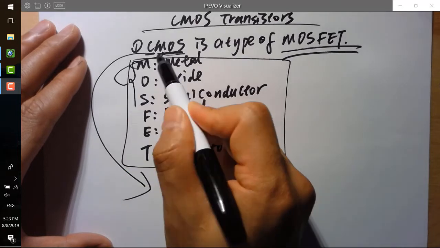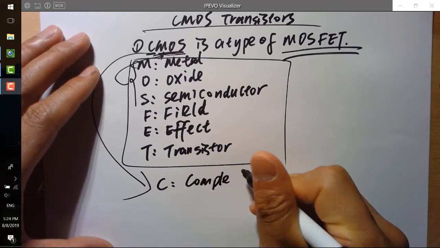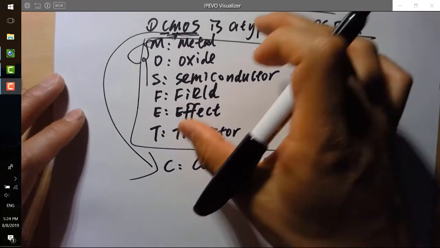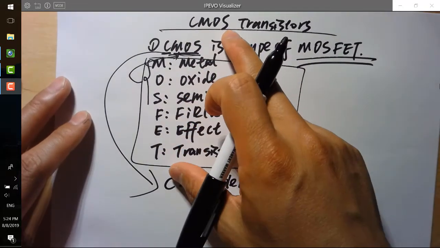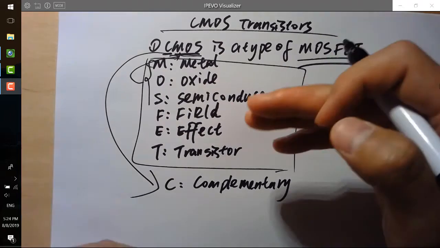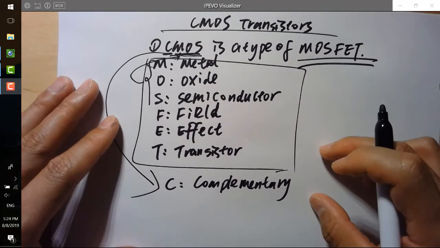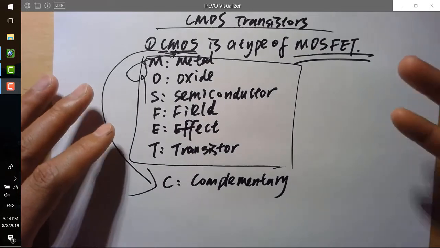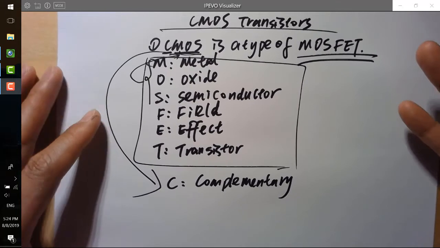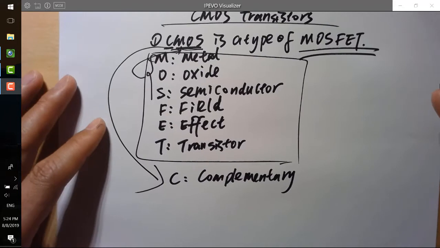C stands for complementary, which means all these CMOS transistors in the logic gates are composed in a symmetric form. If you have a P-type transistor on the top, you have an N-type transistor at the bottom to form that kind of logic. We're going to introduce some simulations for PMOS and NMOS transistors and logic gates to practice how that works.